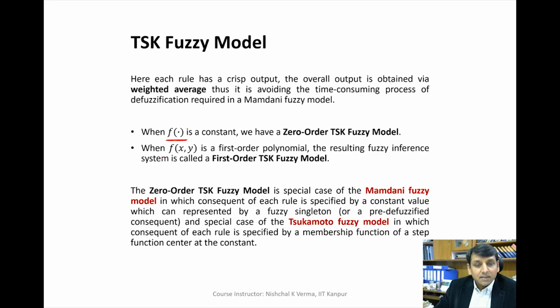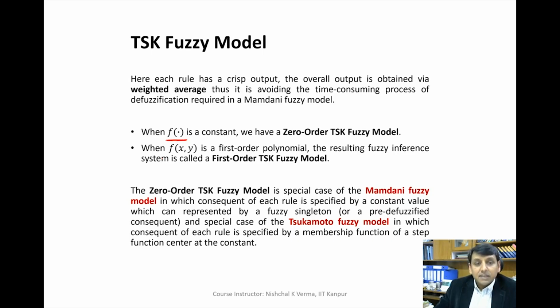And then the special case of the Tsukamoto fuzzy model, in which the consequent of each rule is specified by a membership function of a step function centered at the constant. So that way, the zero order TSK fuzzy model can be understood.